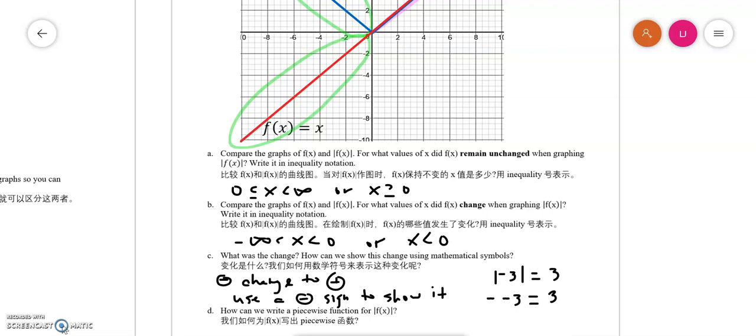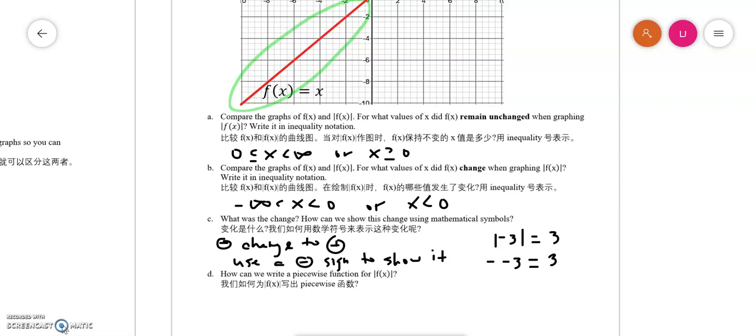So now the thing is, we can actually write this absolute value function as a piecewise function, splitting it up into where the function changed versus where it didn't change. So absolute value of f of x. There was a change versus not change. So for this one, there are two parts. Absolute value of f of x is the same as f of x in the unchanged part.